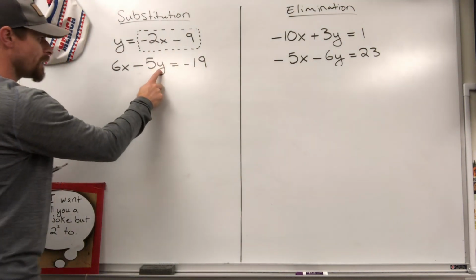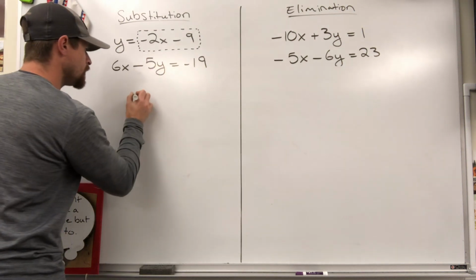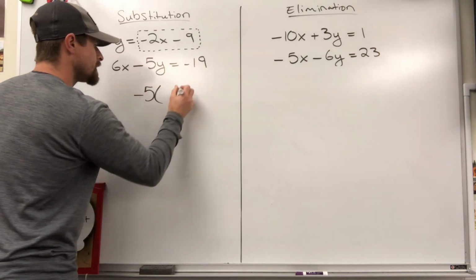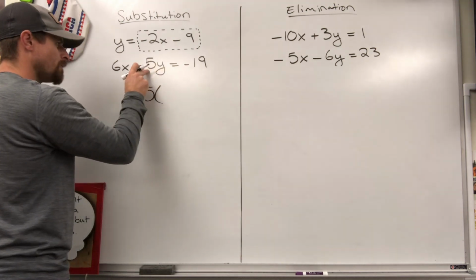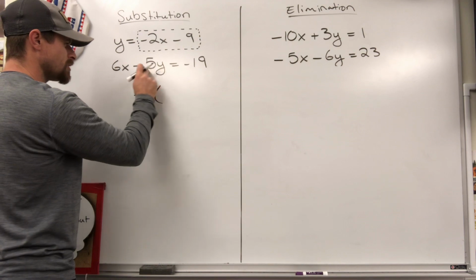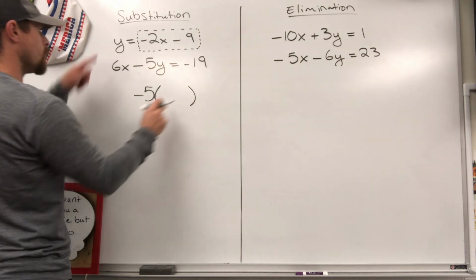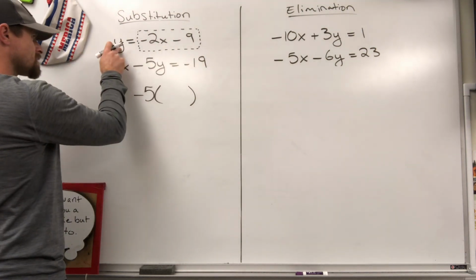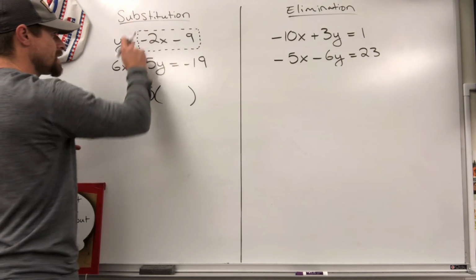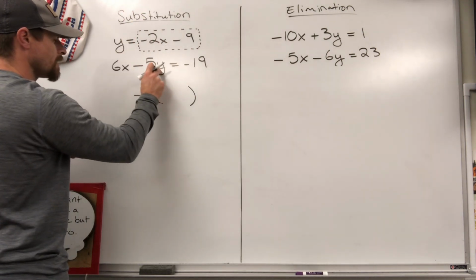So if you see a y down here, we no longer need to show it as a y. We could say negative 5 times, because when you have negative 5 attached to y, the coefficient attached to a variable, that's multiplication. So what we're going to do is take negative 5 and multiply it by what we know y to be equal to. So anytime you have an isolated variable, box around it, take the information in the box, and put it where the y is on the other problem.